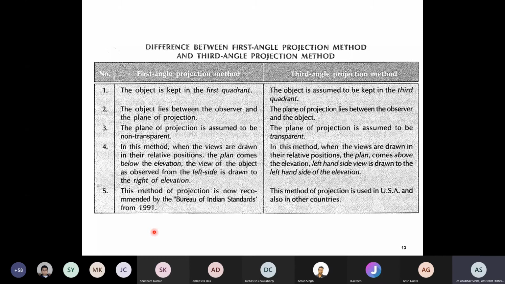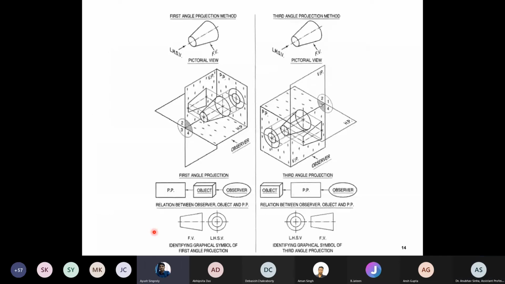Yes, sir. But when we draw the projection of a line or plane, we see from the top and from the front. That was also front view projection. But if we do the same thing in the previous slide, the projection will become the same.